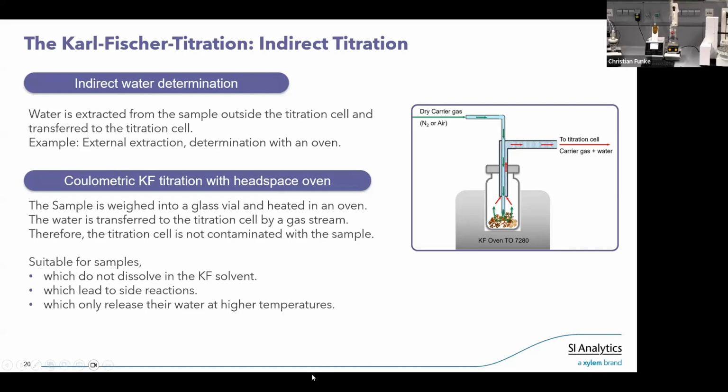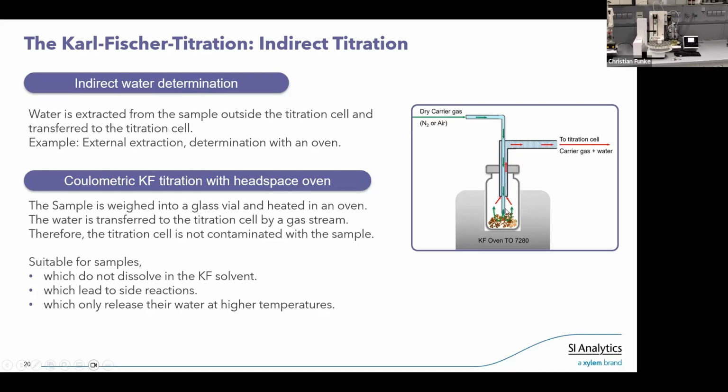The coulometric Karl Fischer titration with headspace oven, you can see the scheme on the picture here on that slide. So you have a dry carrier gas like nitrogen or air. You have a vial with a sample which is inserted in the oven and heated to the used temperature. Then the dry carrier gas goes into the vial via a needle.